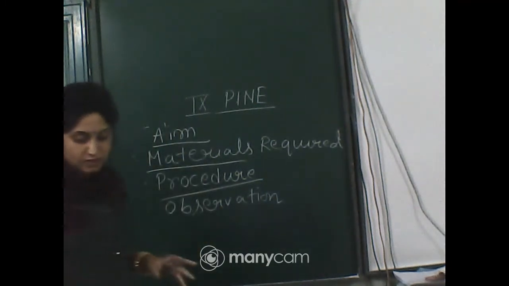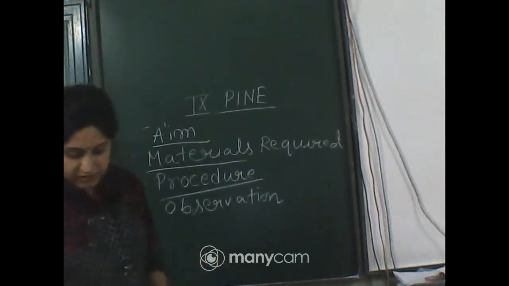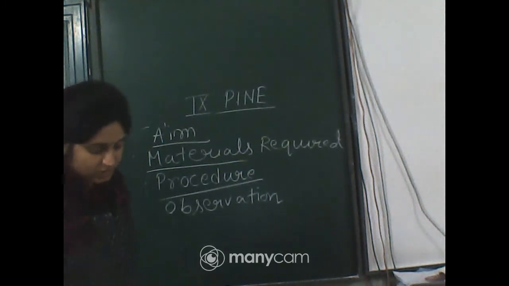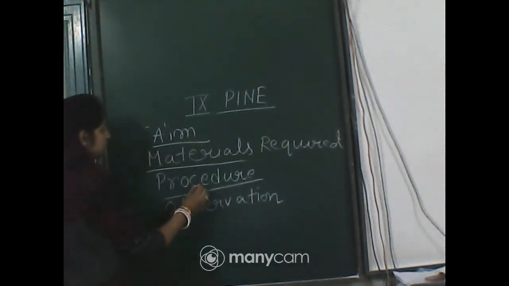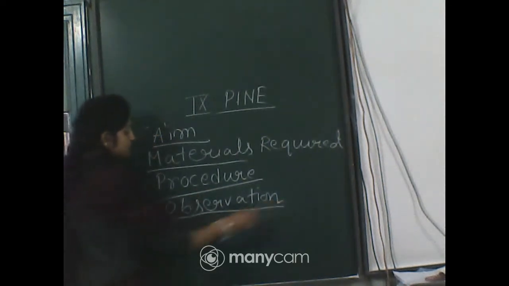All the points are mentioned, okay? Observation, results and precautions, all mentioned. Procedure means how you could observe that material, okay? Result in both cases, and precaution.